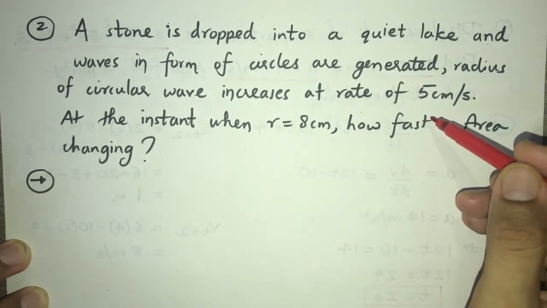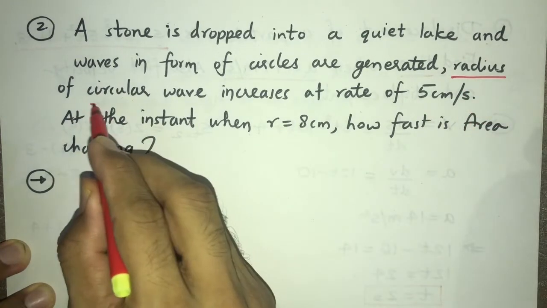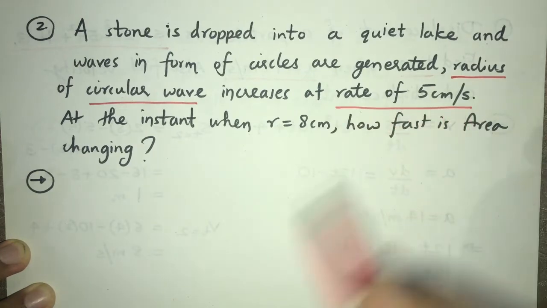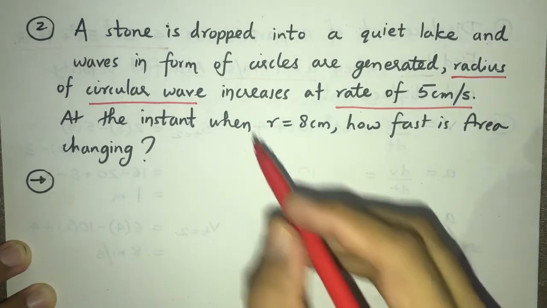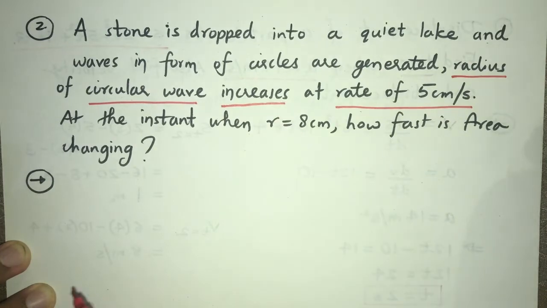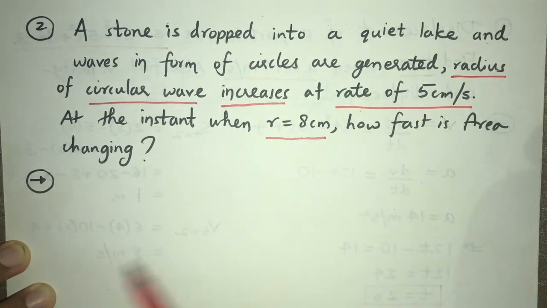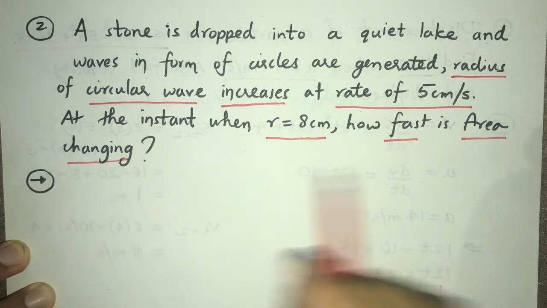The radius of the circular wave increases at the rate of 5 centimeters per second. At the instant when the radius is 8 centimeters, how fast is the area changing?